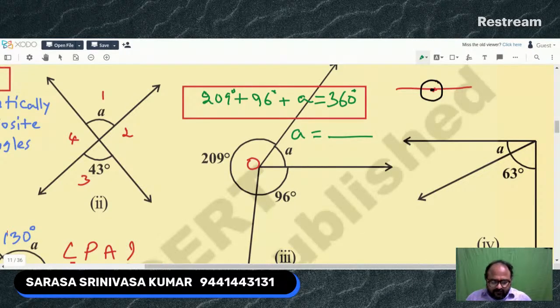You should fill up that one. Can you find angle A from this? 209 degrees plus 96 degrees plus A equal to 360 degrees. From this, you can find angle A. This is because the sum of angles formed at a point O is always equal to 360 degrees. You have studied this concept earlier.